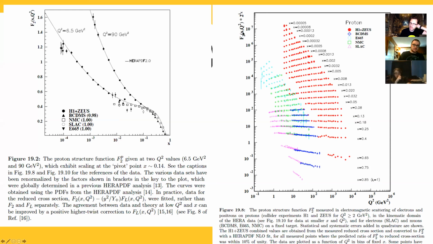Before, we had F2 that just depended on Q squared, but I can characterize this in terms of another parameter that I call X. This is a parameter called Bjorken X. It basically tells you about the fraction of momentum that the quark inside of the proton, that was struck by the virtual photon, was carrying with it. And you can make that an experimental parameter, and it's something you can measure as well.